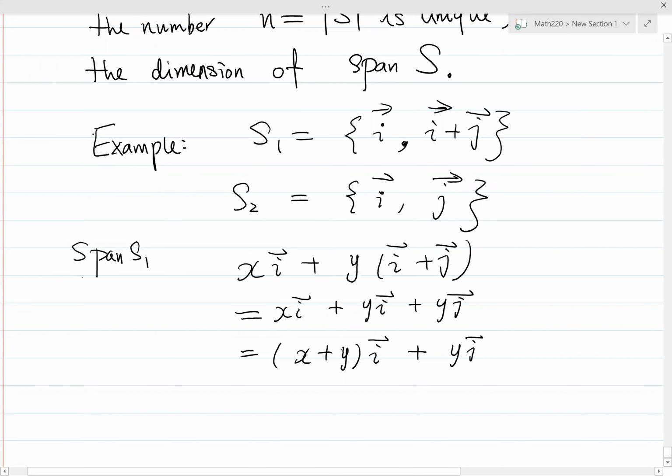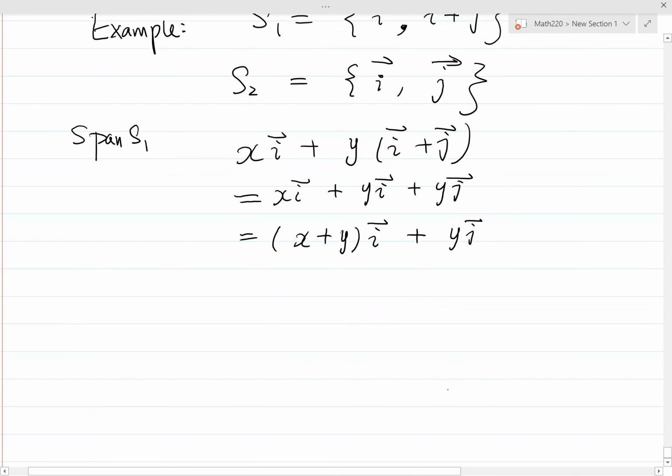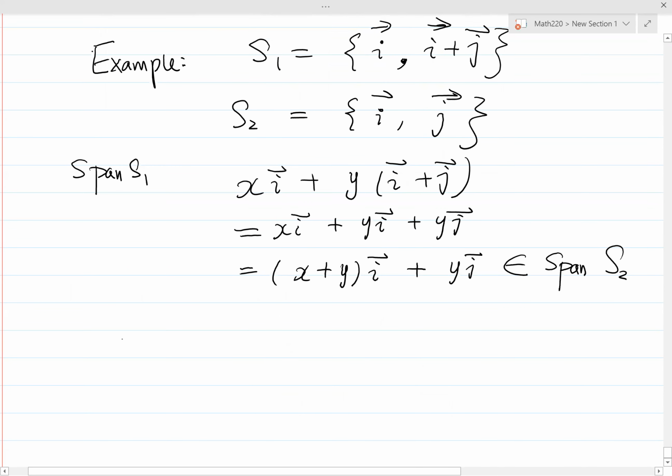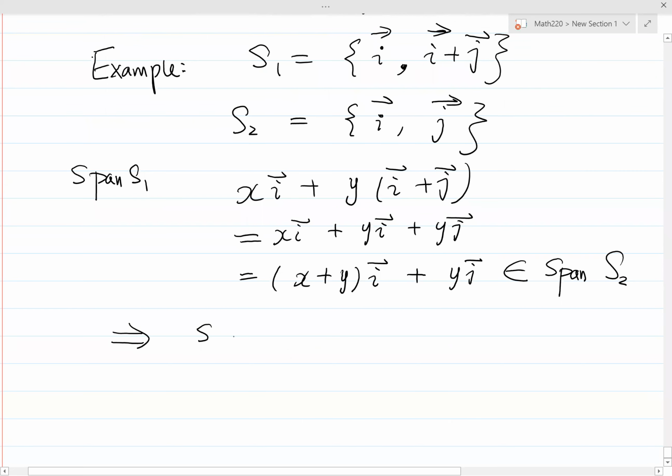So this is clearly in the span of S2, a linear combination of i and of j. This means span S1 is a subspace of span S2.